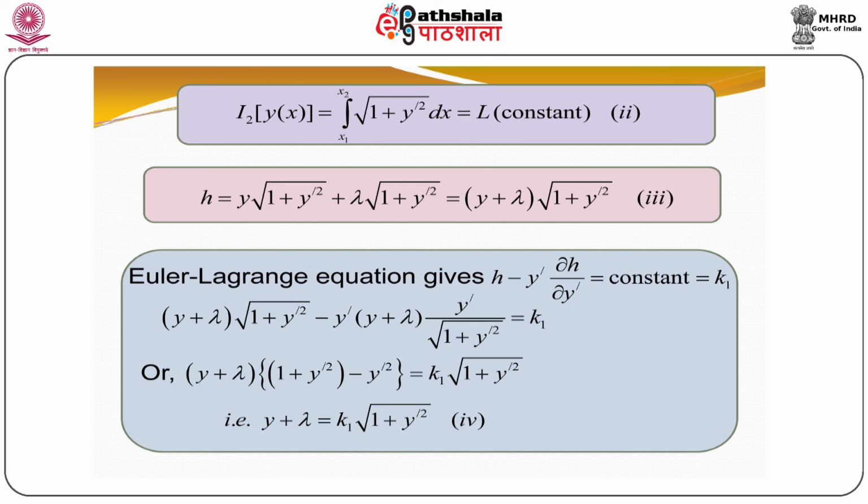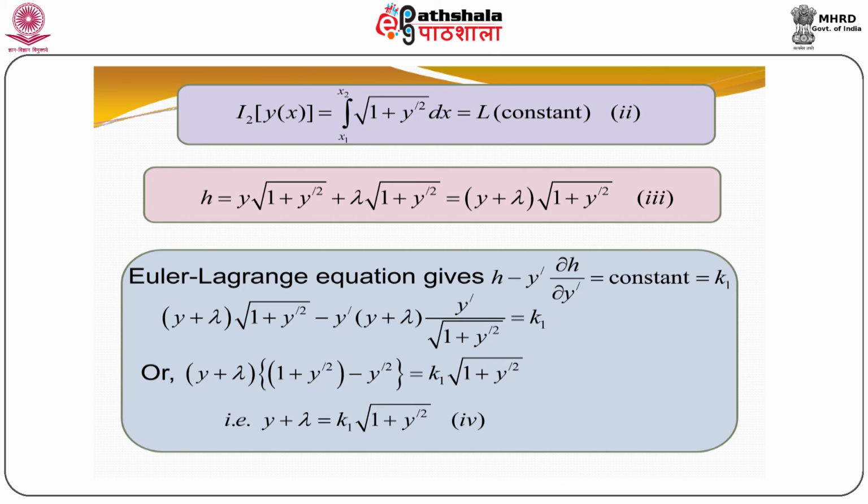Please note that h is independent of x, there is no x here. So, Euler-Lagrange equation gives h minus y dash times the first order partial derivative of h with respect to y dash equal to constant. If we write the constant as k1, we get this equation.